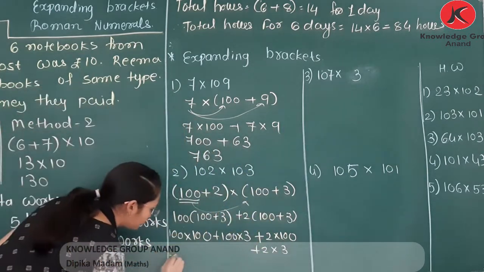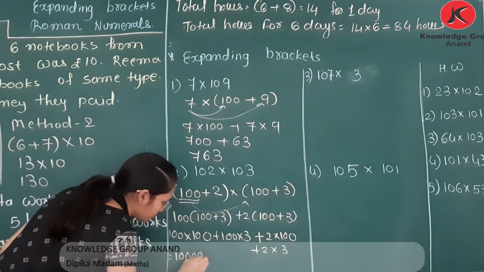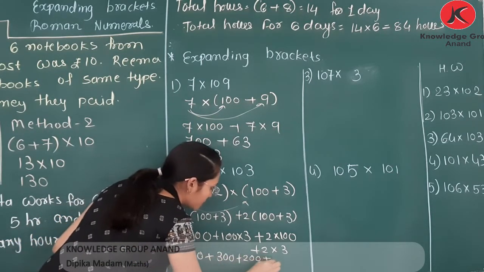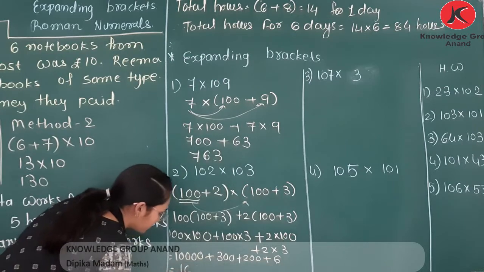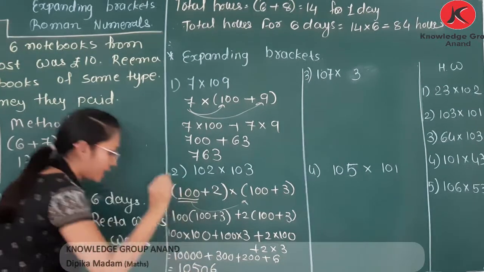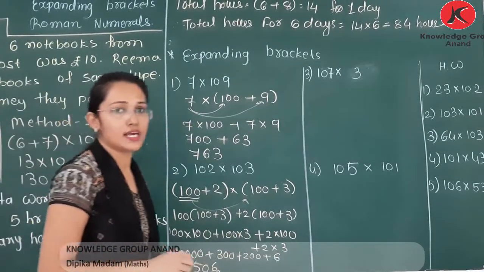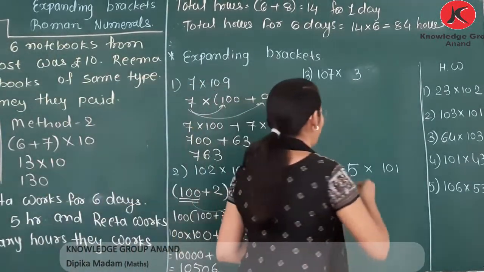Now 100 times 100 is 10,000 plus 300 plus 200 plus 6. You will get 10,506. Okay.